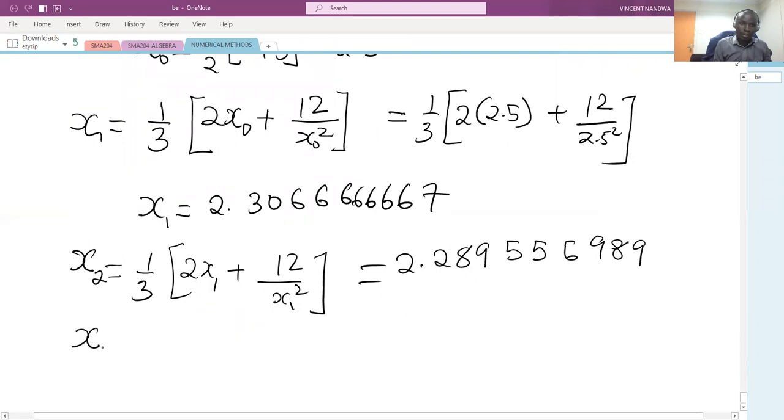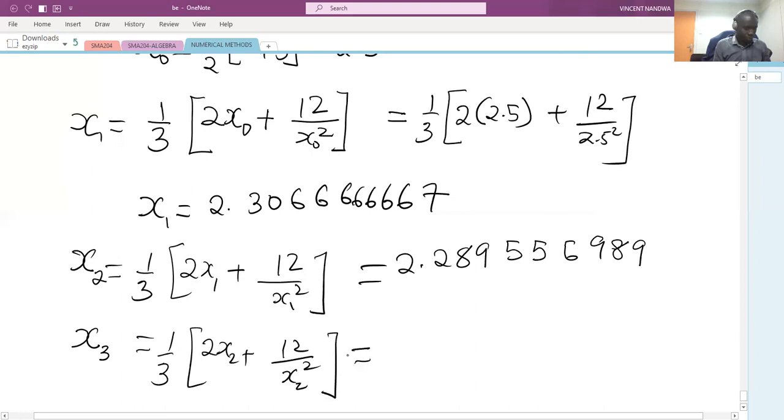And then x3 is a third into 2x2 plus 12 over x2 squared, which is twice the answer plus 12 over the answer squared, times 1 over 3.